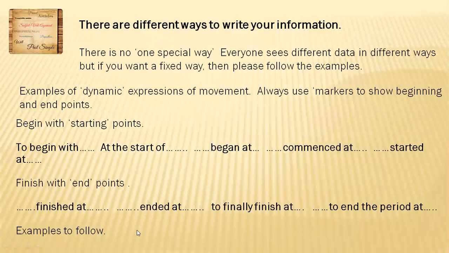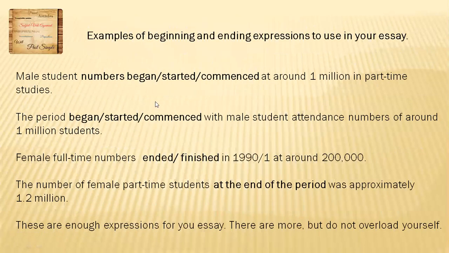Okay, examples to follow. Here are some sentences. Male student numbers commenced at around 1 million in part-time studies. The period started with male student attendance numbers of around 1 million students.